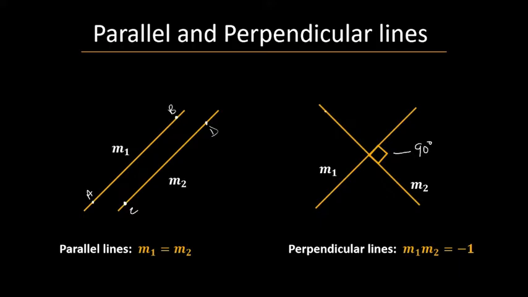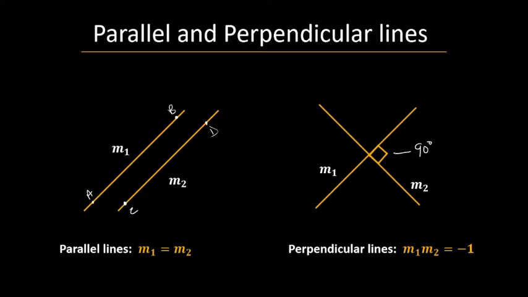Now if we calculate the gradient M1 for line 1 and the gradient M2 for line 2, we realize that if we multiply these two gradients, we'll get -1 for perpendicular lines. So it means for parallel lines, their gradients are equal, whilst for perpendicular lines, if you multiply their two gradients, you get -1.